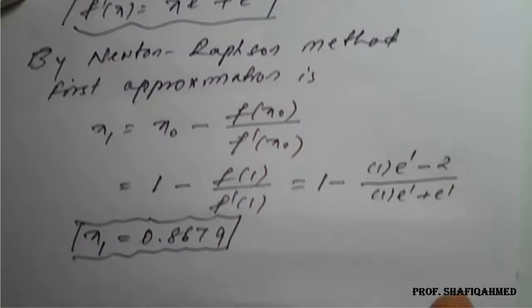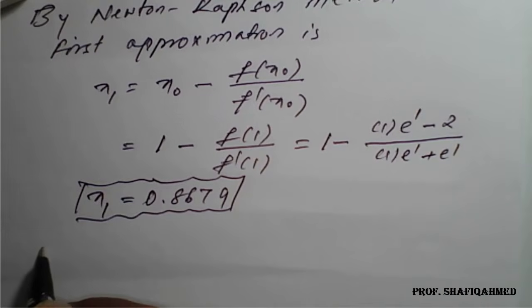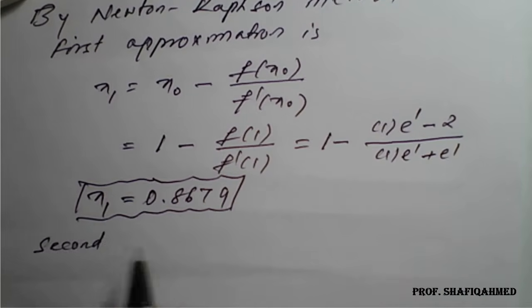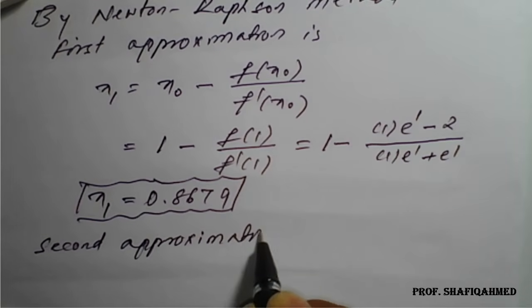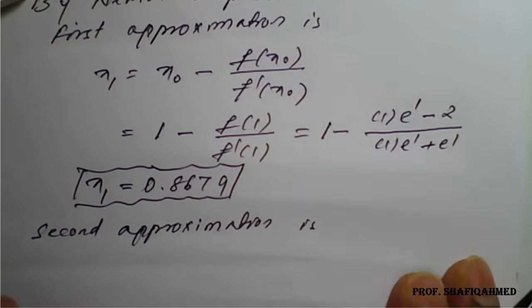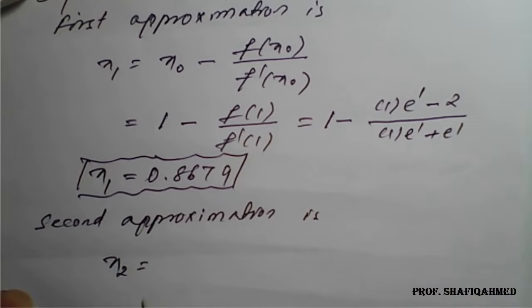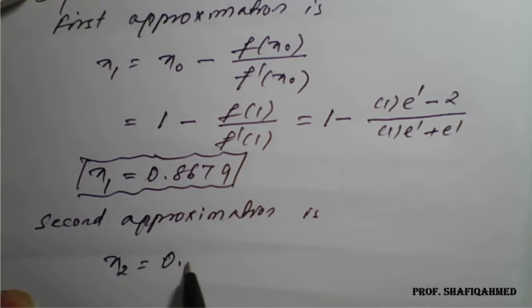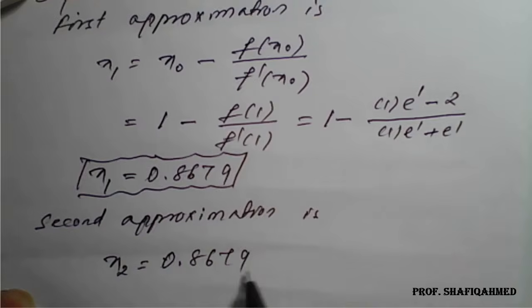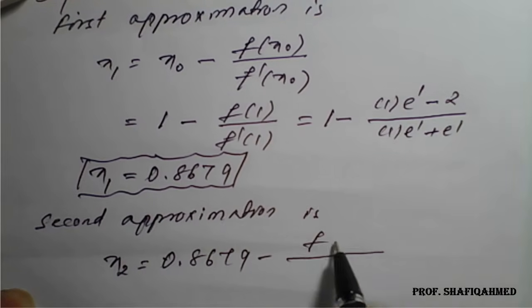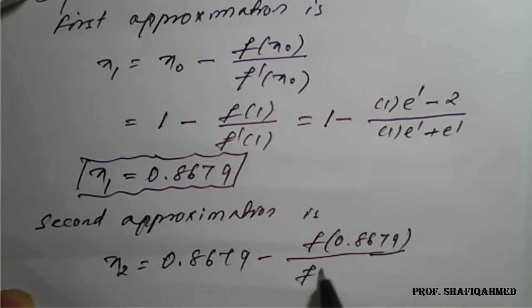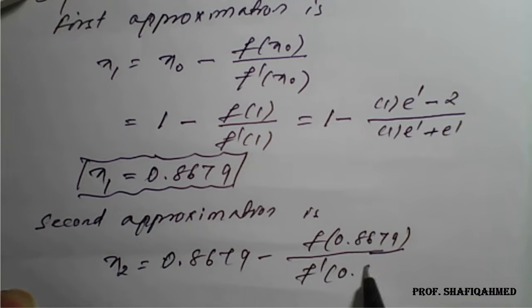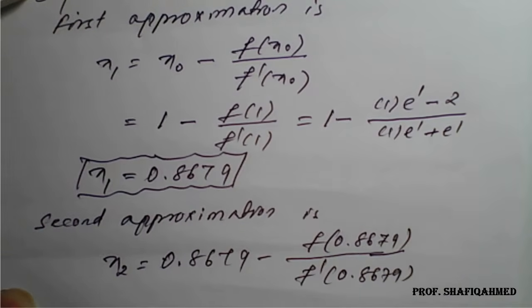Next, the second approximation. x2 is equal to x1 value 0.8679 minus f of x1 divided by f dash of x1, with x1 being 0.8679.